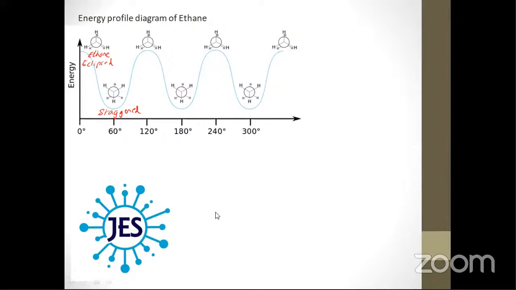Between eclipsed and staggered, which is more stable? Okay, one answer came as eclipsed. Majority of you are telling eclipsed. One trend I am noticing is that if one person says eclipsed, everyone says eclipsed. Okay, it's not correct. Eclipsed is not the answer. The most stable configuration is staggered. Why, let us see.